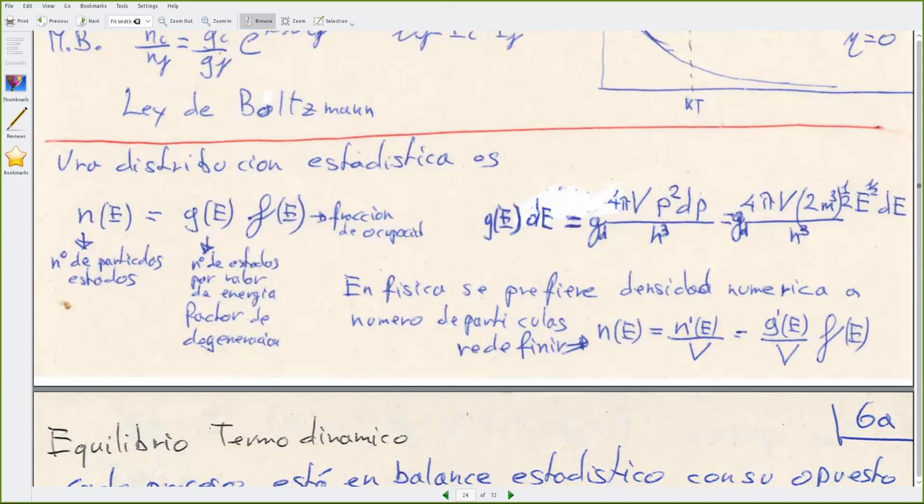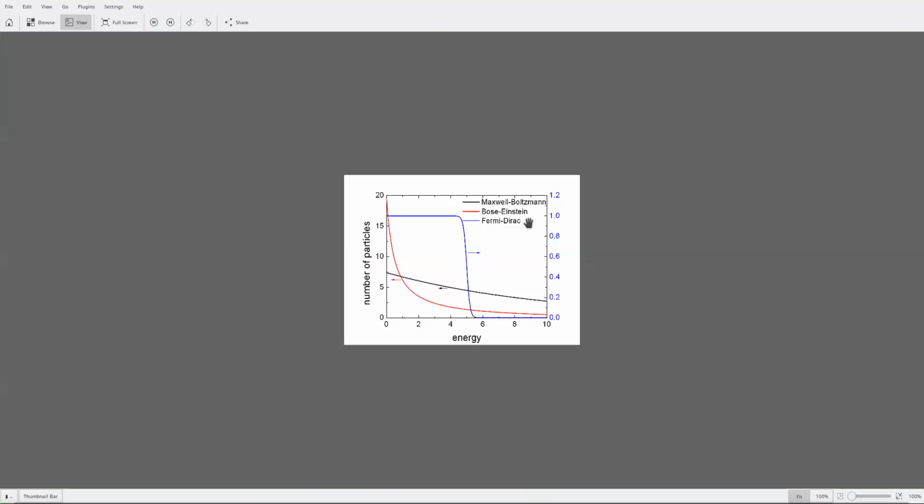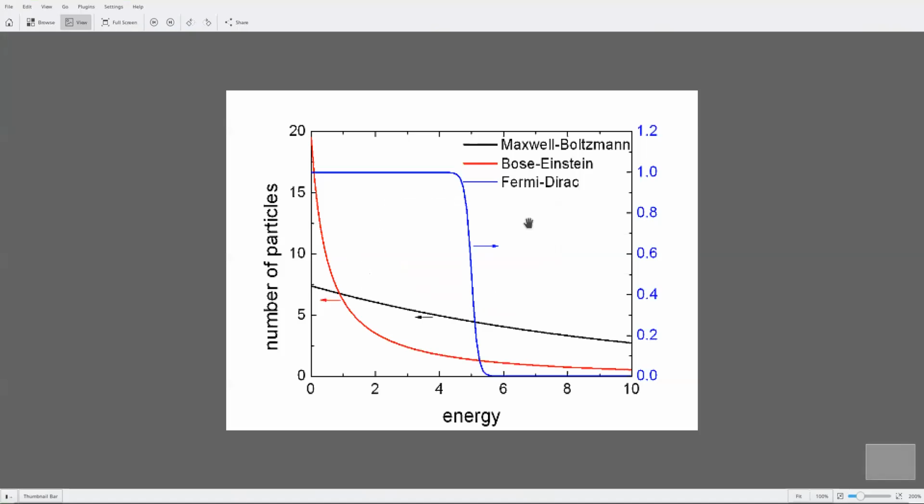Okay, let me show you these things. This is the behavior of the several characteristic distributions when we start to decrease the temperature, for example, going compact toward the lower, filling the lowest state of energy.